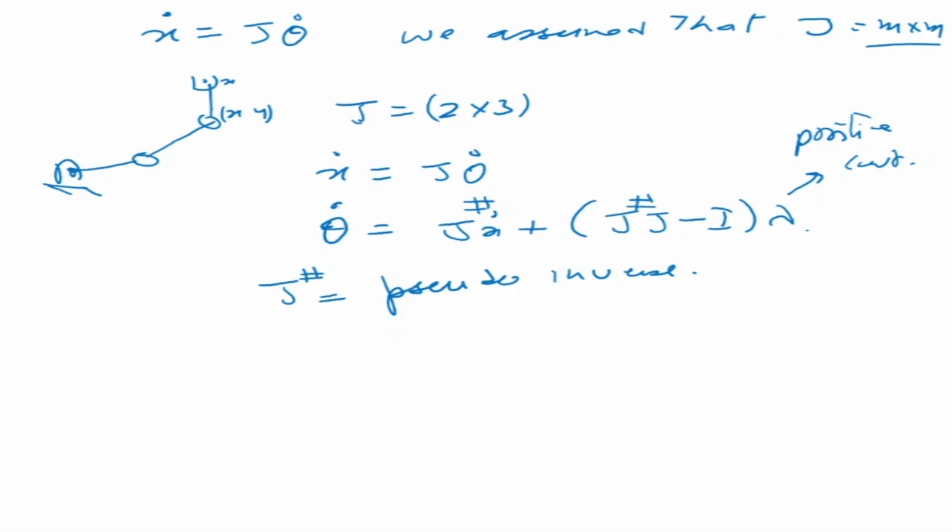Now we'll come to pseudo inverses, but let us try to understand what is the mechanism of a linear operator, what is the matrix actually. And we'll also have to talk about singular value decomposition.